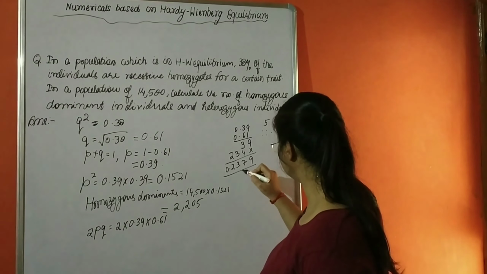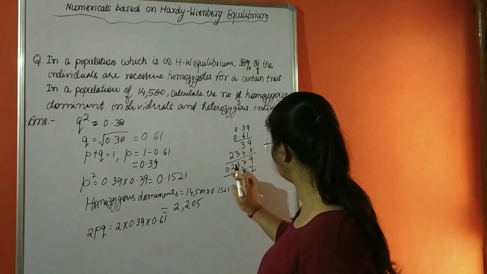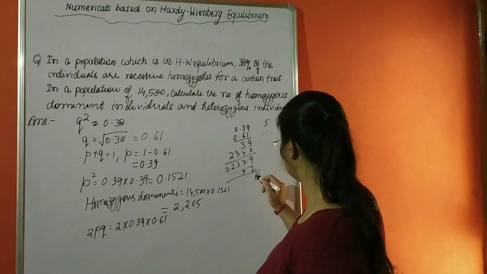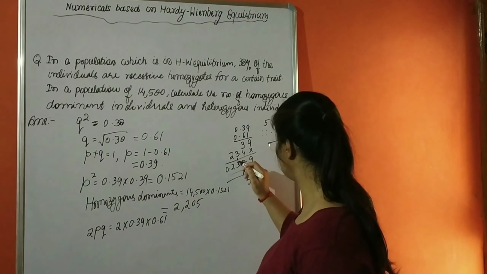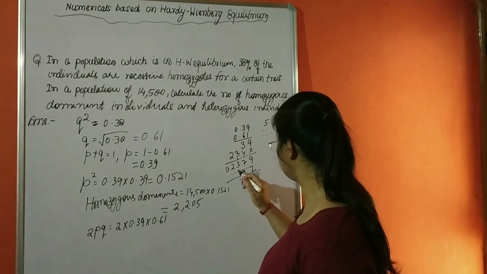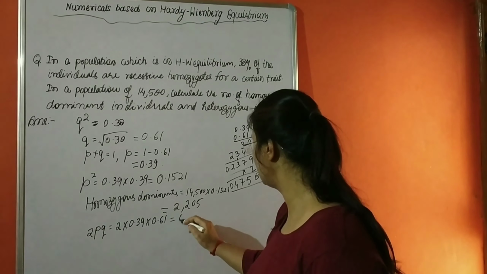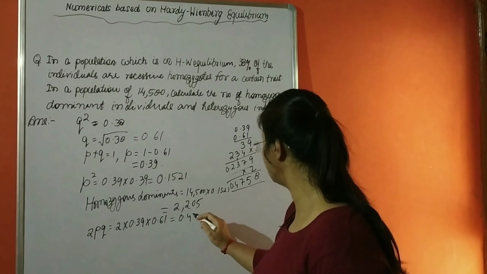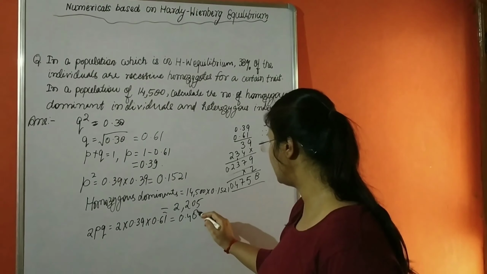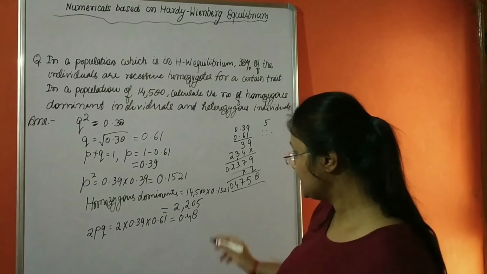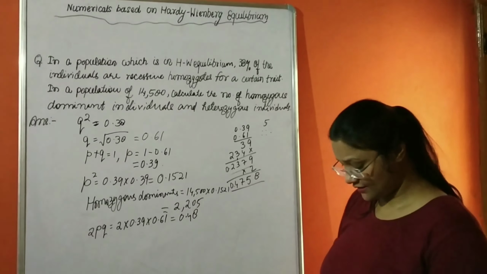So it is 0.4, we will round it off, 0.48. So these are the heterozygotes.